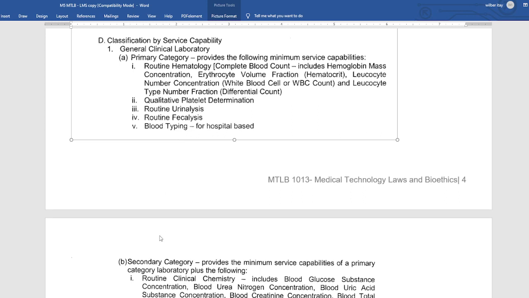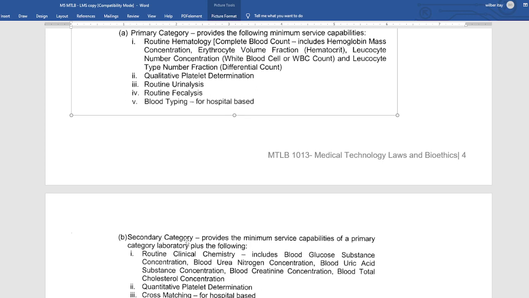Okay, another important information for you to remember is that when we say secondary category, it provides the minimum service capabilities ng primary but including the following. Okay? Nagets ba? Kapag secondary, kaya niyang i-offer lahat ng service capabilities ng primary.